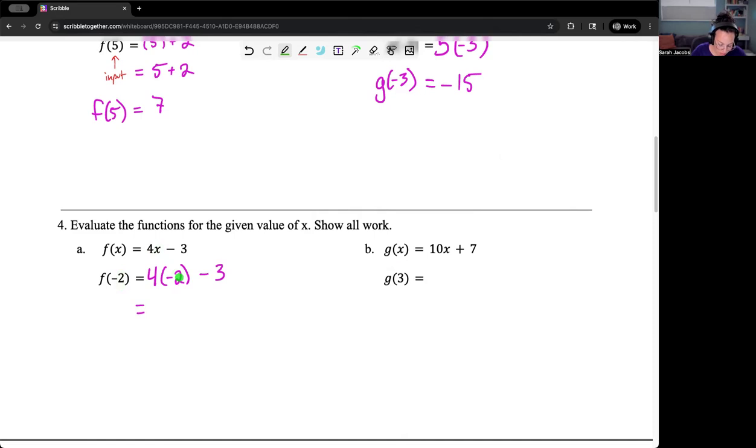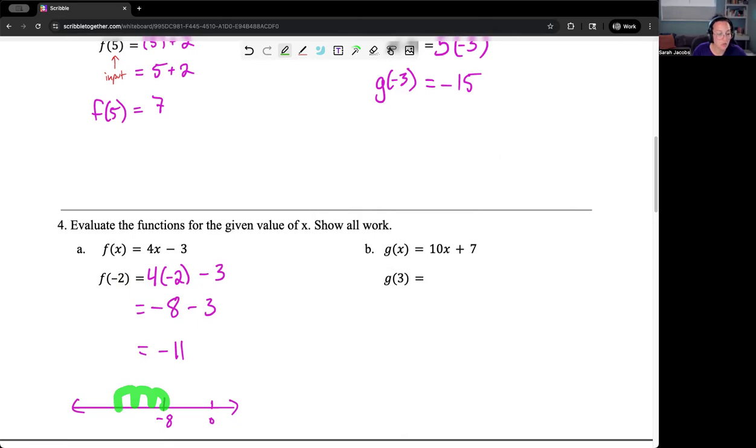So a positive times a negative is a negative. And then 4 times 2 is 8. So this is -8 minus 3. Be careful with your addition and subtraction when you've got negative numbers. -8 minus 3 is -11. So if you think about your number line, if here's 0, here's -8. If we're at -8 and we're going 3 more to the left, right?